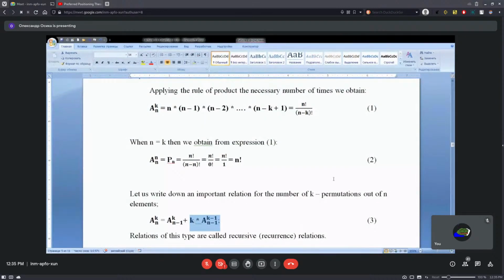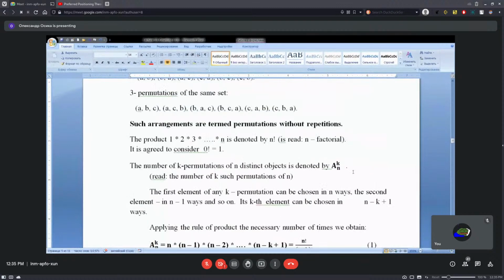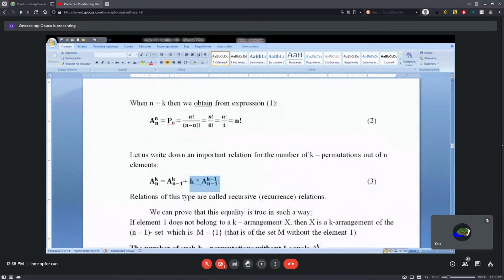There are K positions, which is first position, second position, third position, K. We are talking about 3 permutations, so third position. That is why we denote it by all permutations that we can make n-1 elements by k-1 element.